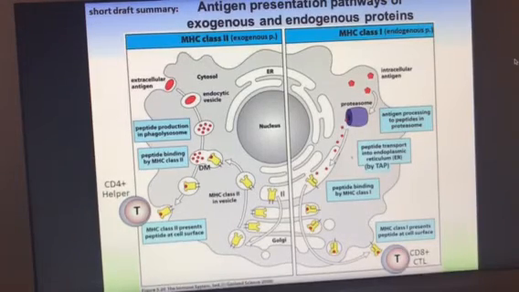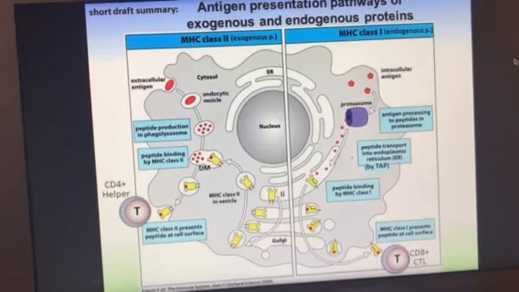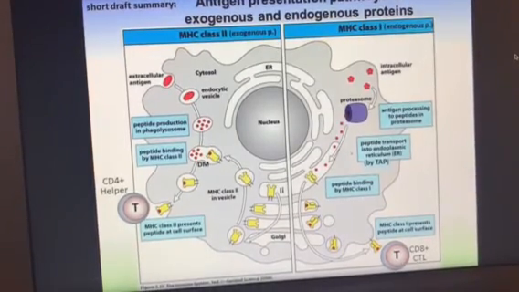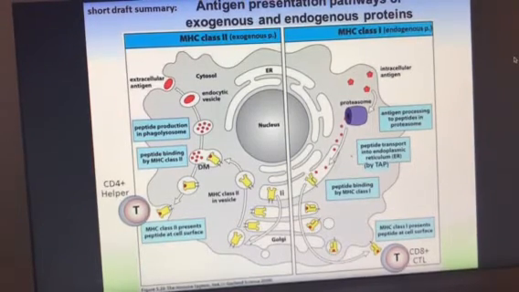For exogenous antigens, active phagocytosis is required to take them up, whereas endogenous does not require it. Endogenous antigens are tumor or virus derived products.